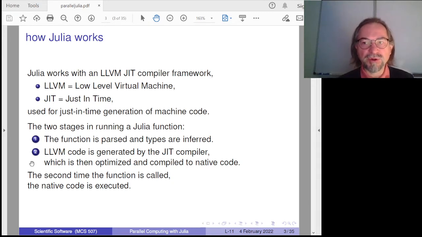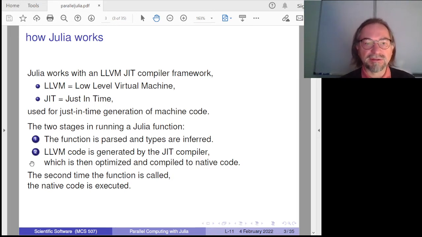So the first time one often calls a Julia program, just like a scripting language, Julia and then the name of the program at the command prompt, then often it takes a while, and that could give a very negative impression that Julia is actually slower than a scripting language, Python.